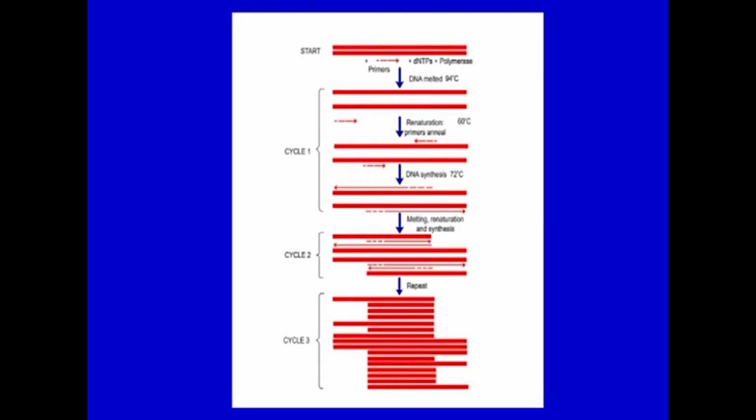For DNA synthesis, the temperature is again heated to 72 degrees Celsius, and the DNA synthesis takes place. At around 72 degrees, DNA polymerase will synthesize the complementary strands. Then again the cycle will be repeated many times, and many double stranded DNA amplified fragments will be obtained. Through these three steps, the DNA amplification or polymerase chain reaction will take place.